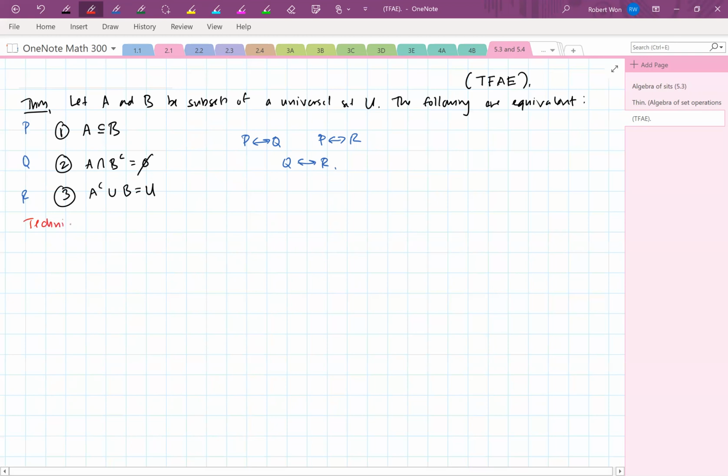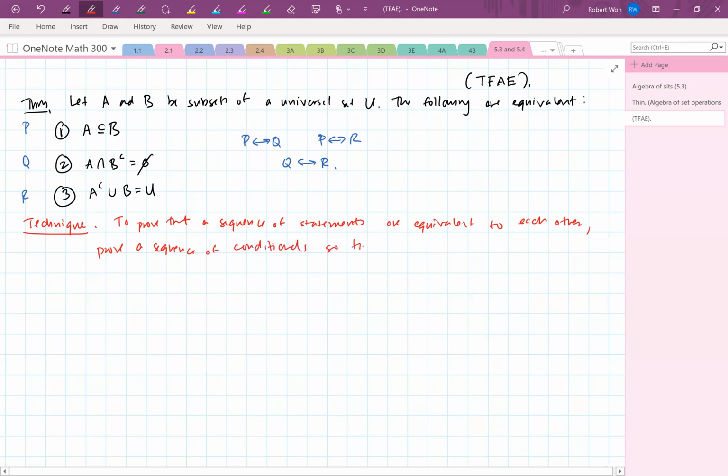Okay, and the standard technique that you use to prove something like this is, to prove that a sequence of statements are equivalent to each other, prove a sequence of conditionals so that there is an unbroken chain of conditionals from each statement to every other statement.